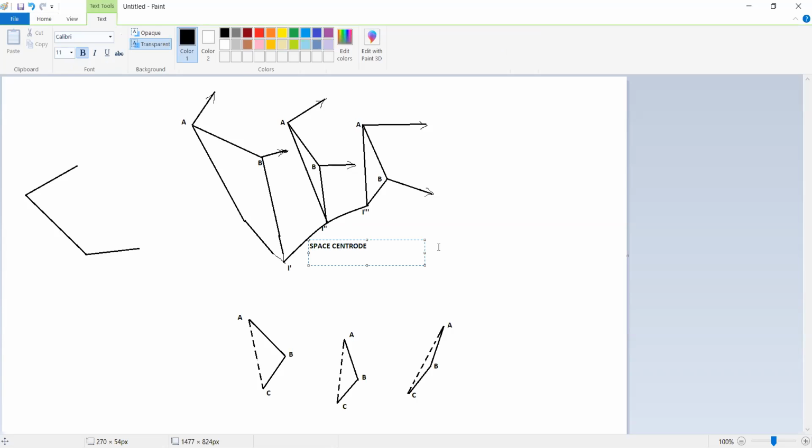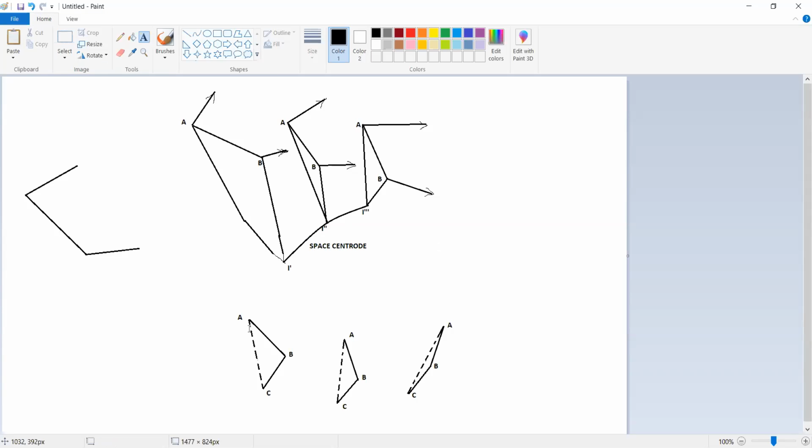What is space centroid? Similarly, now here also the same thing. The same link, if I take here A and B, and if I join one link here, that is C. And if I go on changing the position of this link A, and just keep adding this link here, I'll just move it like this, like this, like this.